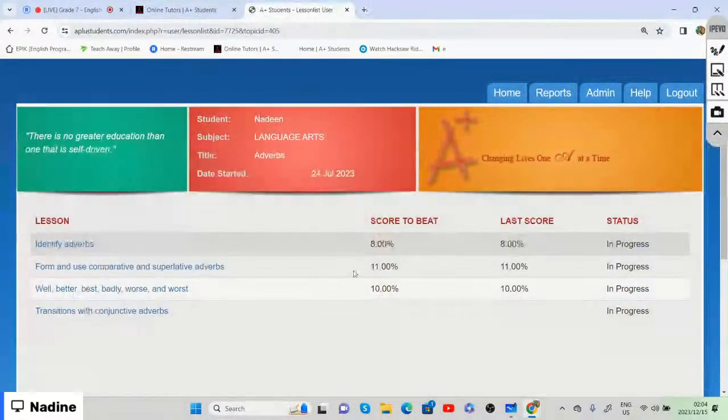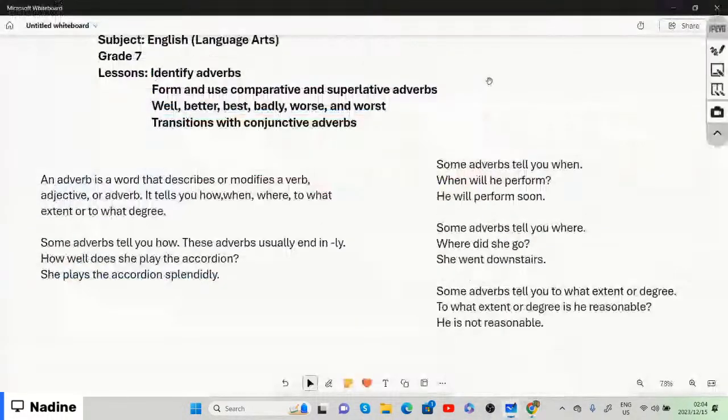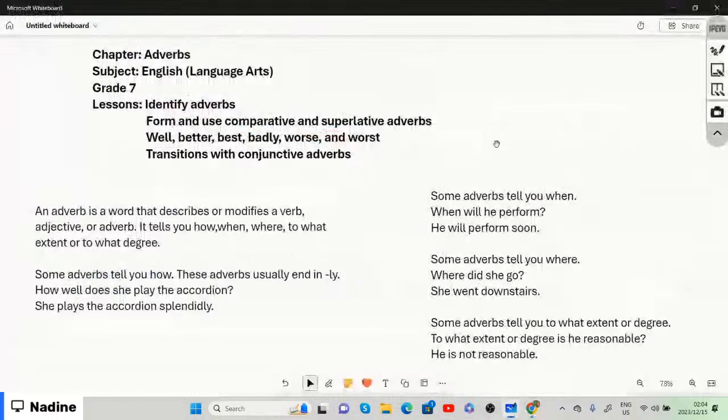There are a few lessons that we're going to be doing under our chapter of adverbs, so we're going to find out what those lessons are.